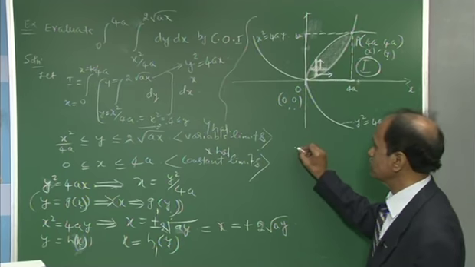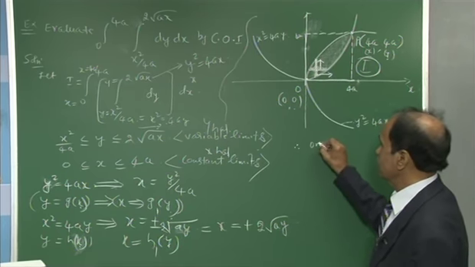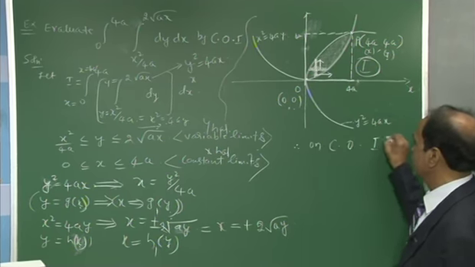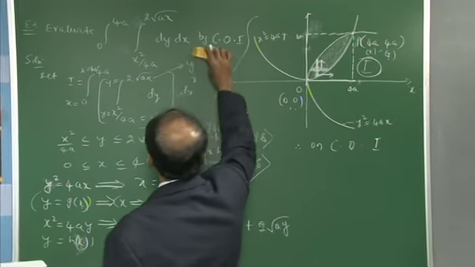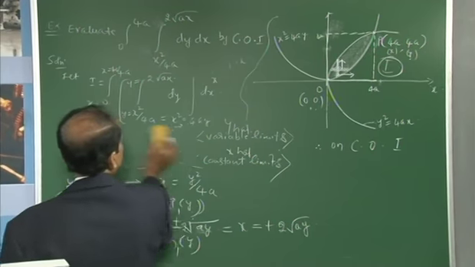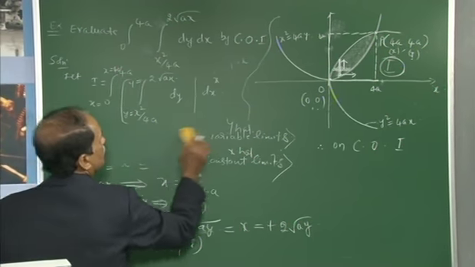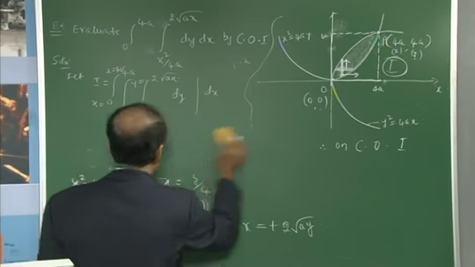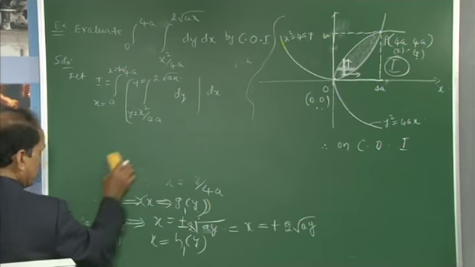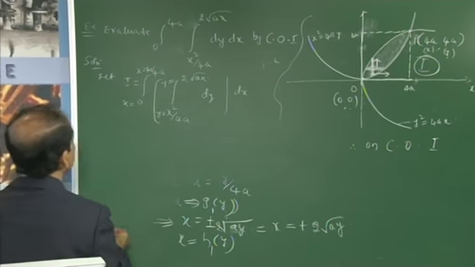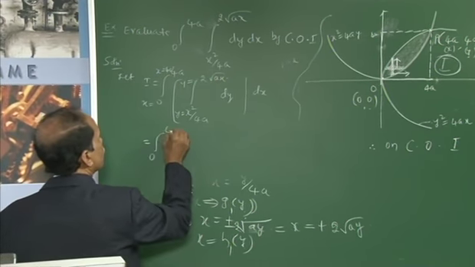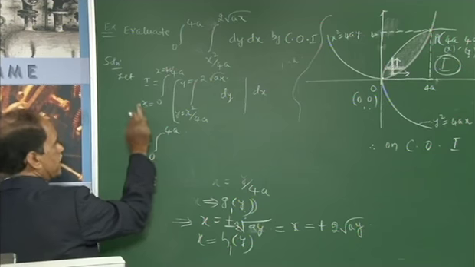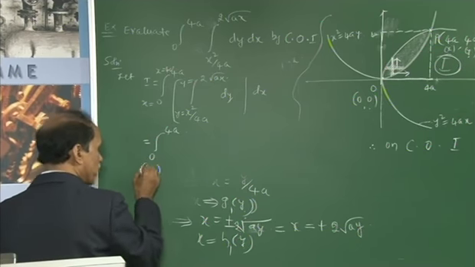Therefore, on changing the order of integration, you can easily write that this is equal to 0 to 4a, which was for x, now we write for y.